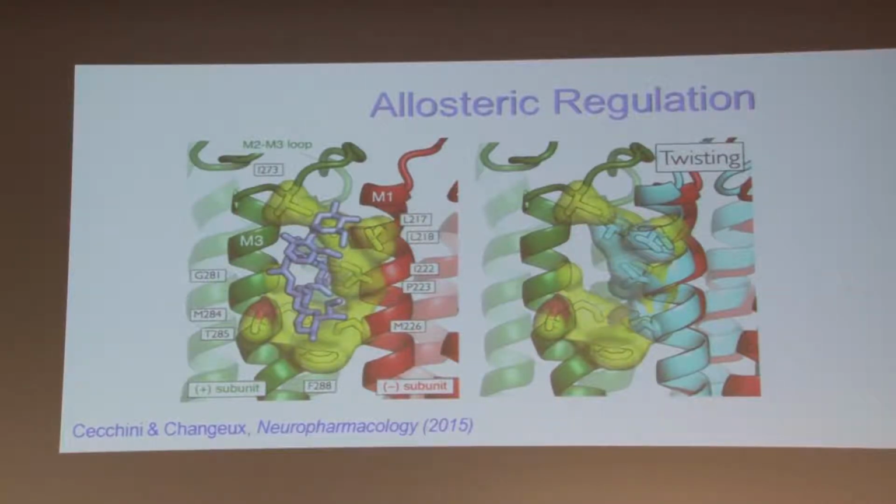And in fact, if we compare, for example, the binding site of ivermectin, which binds in the transmembrane domain, and take a snapshot before and after the twisting isomerization, it is quite clear that twisting produces a significant movement of residues at this level, so that it shrinks the ivermectin binding pocket, which at least hinders the binding affinity, if not kills completely the binding affinity of ivermectin.